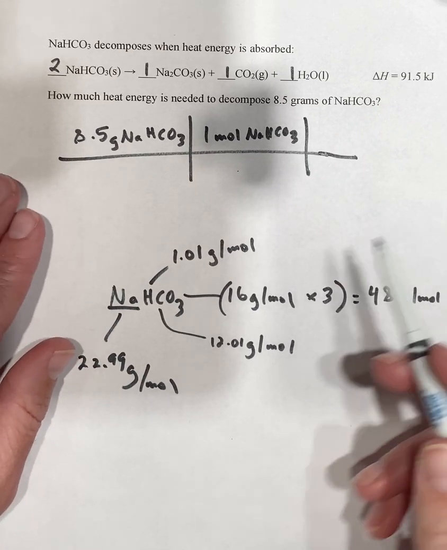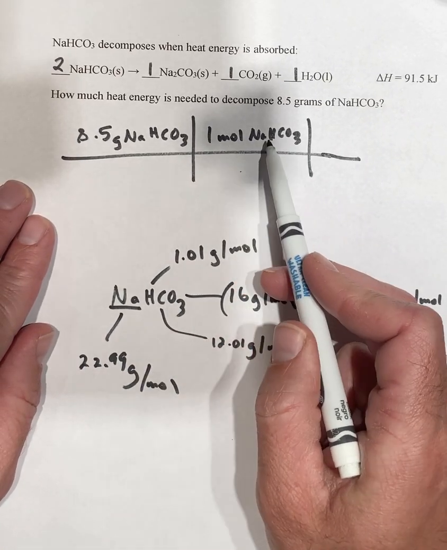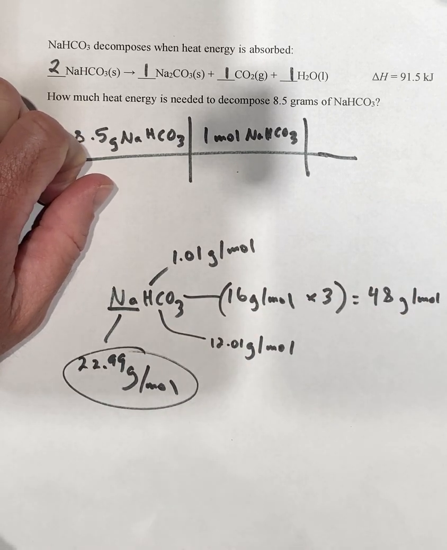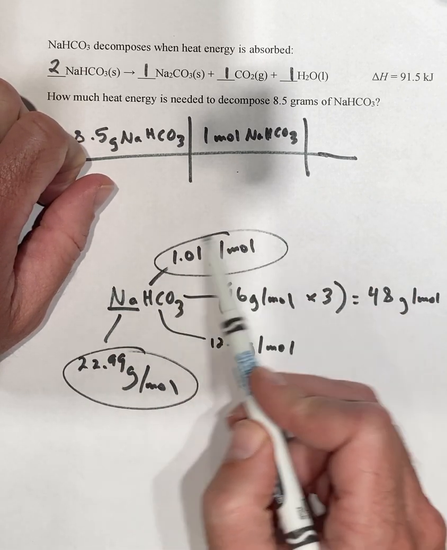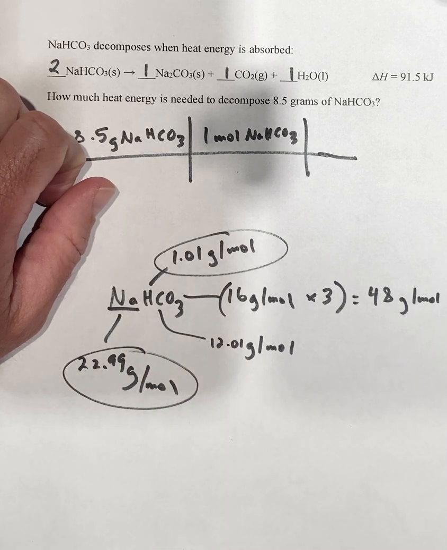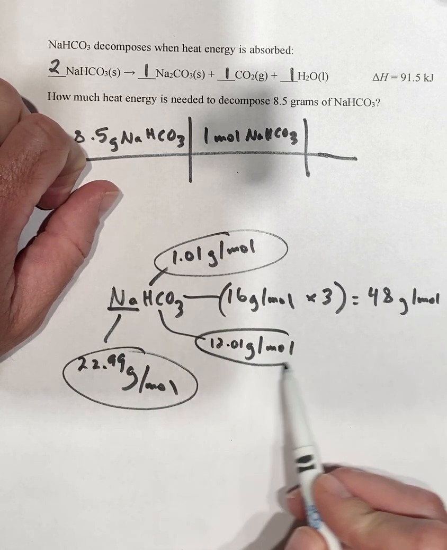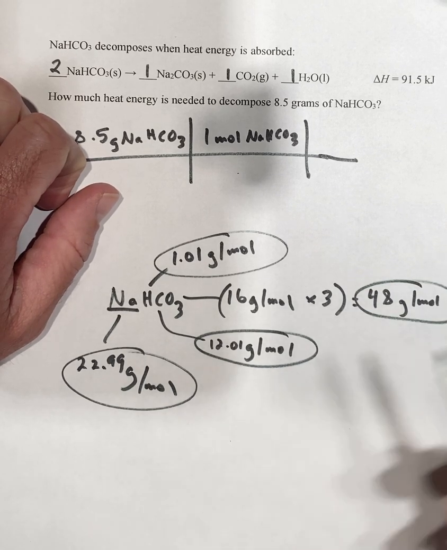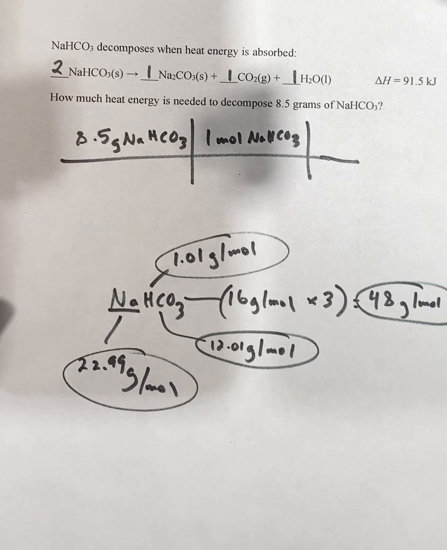So 1 mole of sodium bicarbonate has 22.99 grams of sodium, 1.01 grams of hydrogen, 12.01 grams of carbon, and then 48 grams of oxygen.